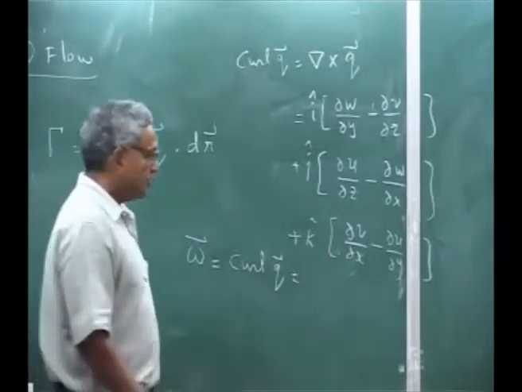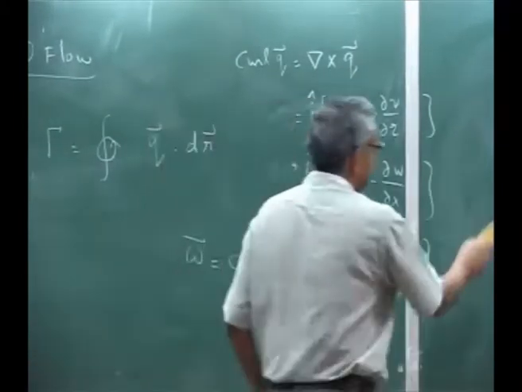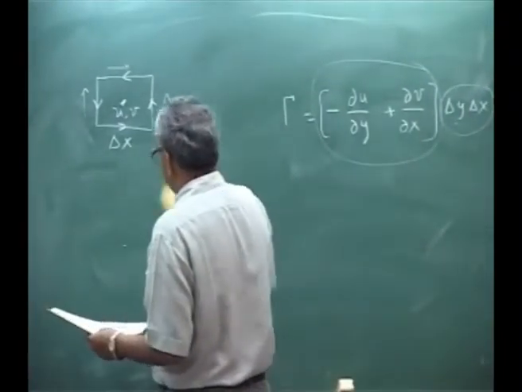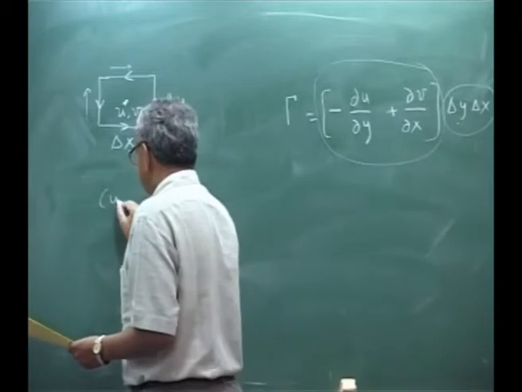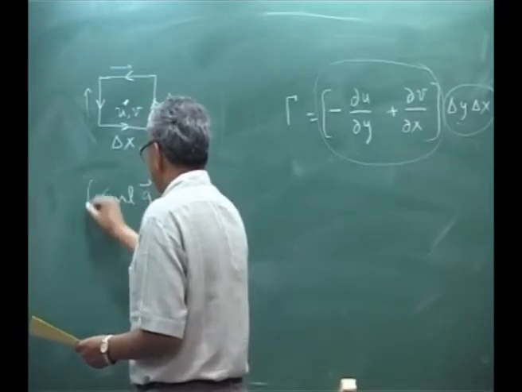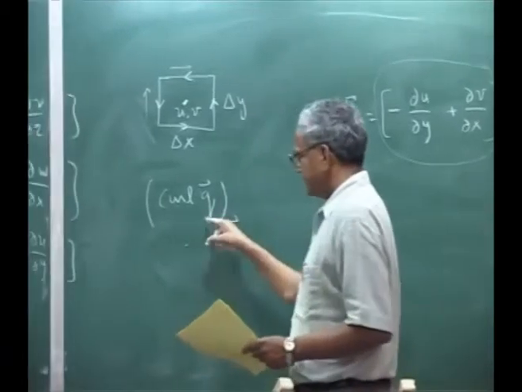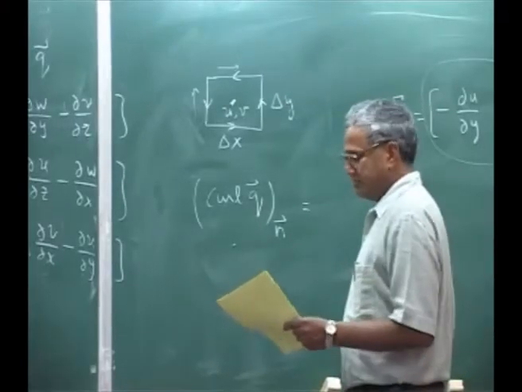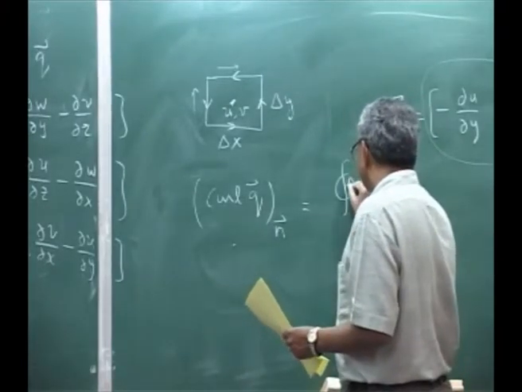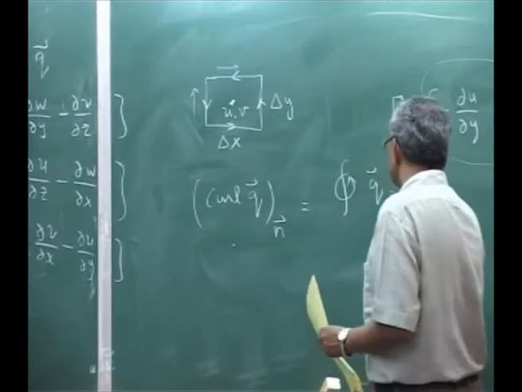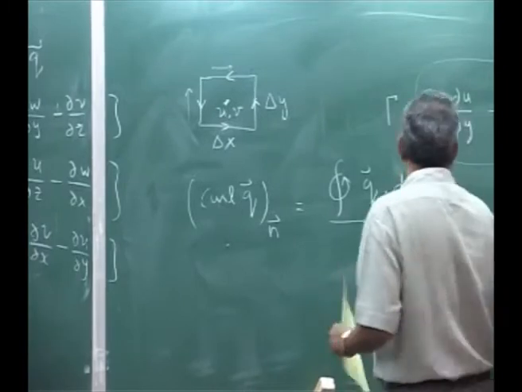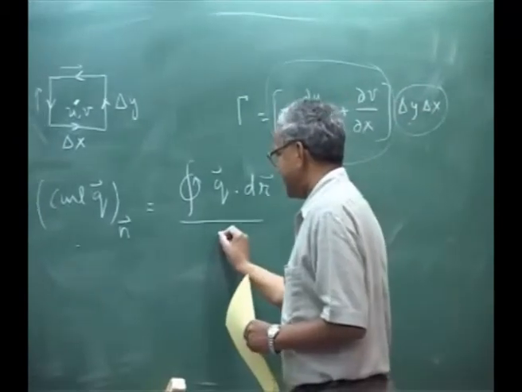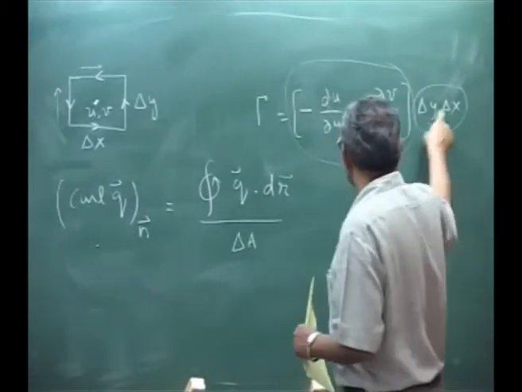Okay, you can define now, I erase this part, that is curl q, a normal component, because you define a normal n, that is equal to q dot dr over delta a, because I am dividing by delta a.